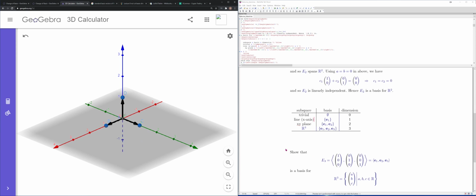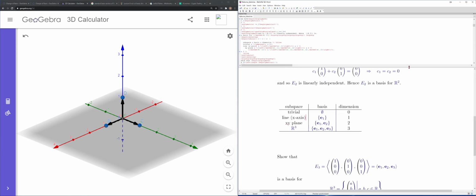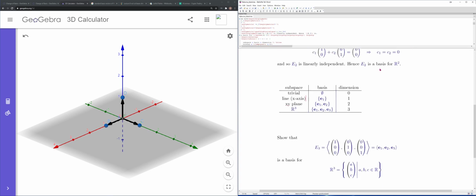Okay, so this is what I have in this table here: I have R3 and I have E1, E2, and E3. These three standard basis vectors would form a basis for R3. So the dimension of R3 is the number of vectors in this basis, which is 3.